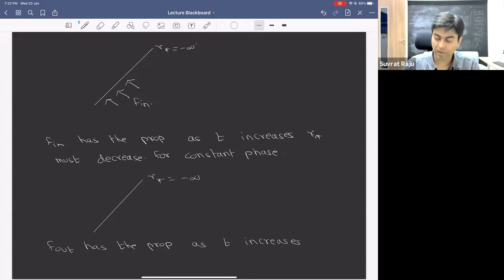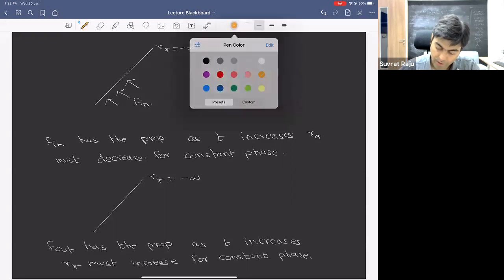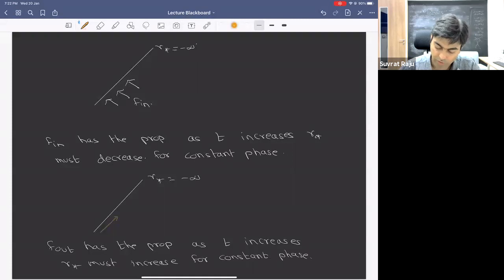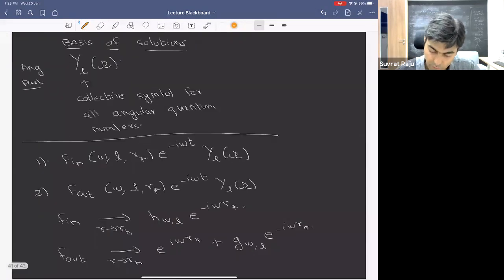And for f out, as t increases, r star must increase for constant phase. And so this f out has some waves which look like this. I mean, they're coming out, but because they're coming out from r star goes to minus infinity, if you plot them, this is what f out looks like. So you can think of f out as being waves of this kind, and f in as being waves of this kind. Maybe I should copy the expression so you can see once more what they are here and also in the presence of the diagram.